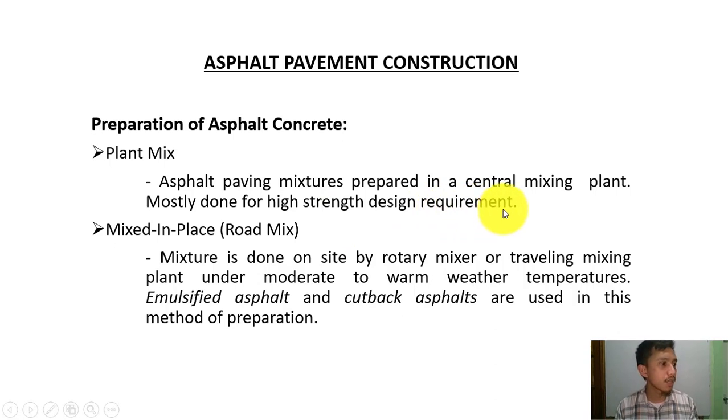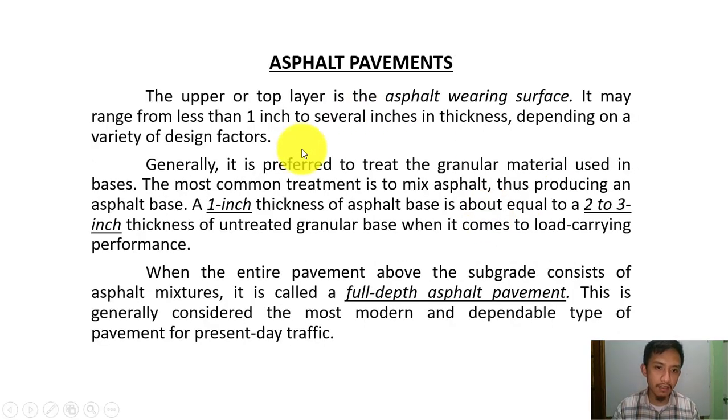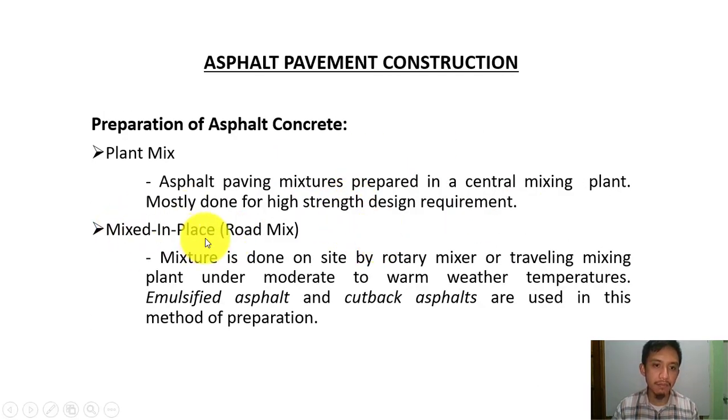If we desire in our design a high strength asphalt concrete, then we need to batch or mix this in a controlled manner, and that should be done in a mixing plant. The other type is the mixed in place, where we will be mixing it on the place where we will be laying the asphalt concrete.